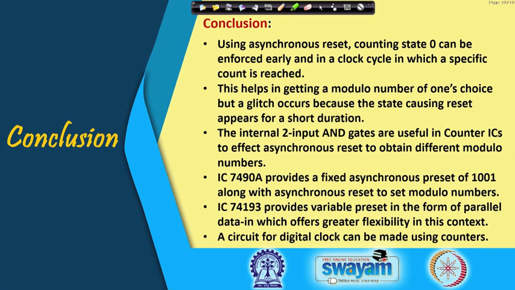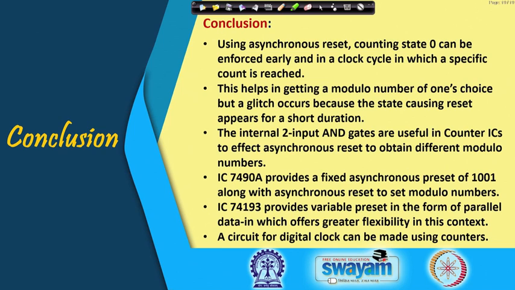In the next class, the final class on this counter, we shall see what could be an alternate arrangement by which we can get this glitch removed, or a different kind of counter design paradigm. The internal two-input AND gates are useful in counter ICs to effect asynchronous reset to obtain different modulo numbers, that we have seen.